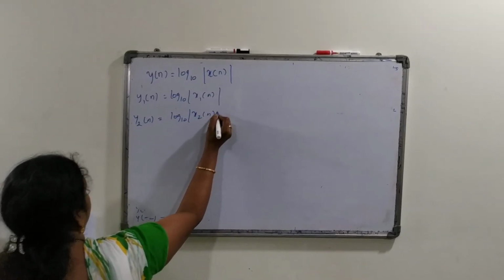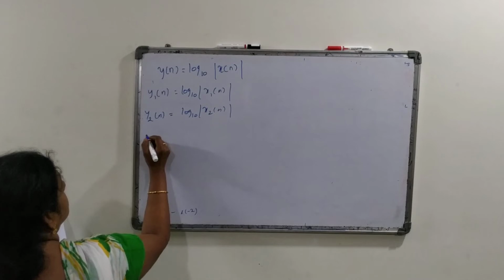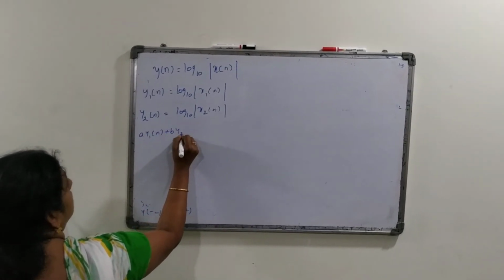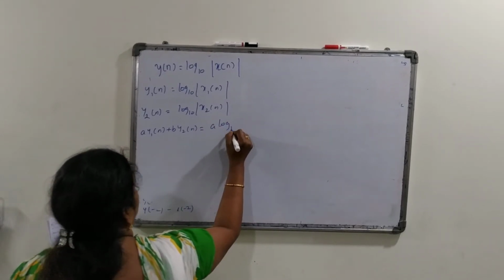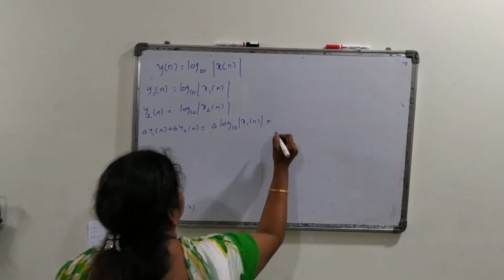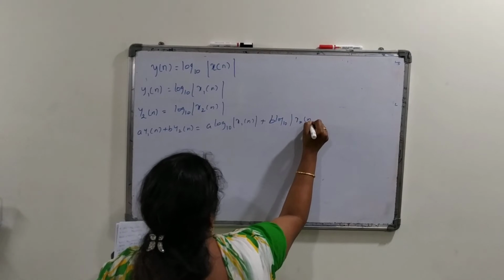Now the linear combination is a y1 of n plus b y2 of n, equal to a log 10 x1 of n plus b log 10 x2 of n.